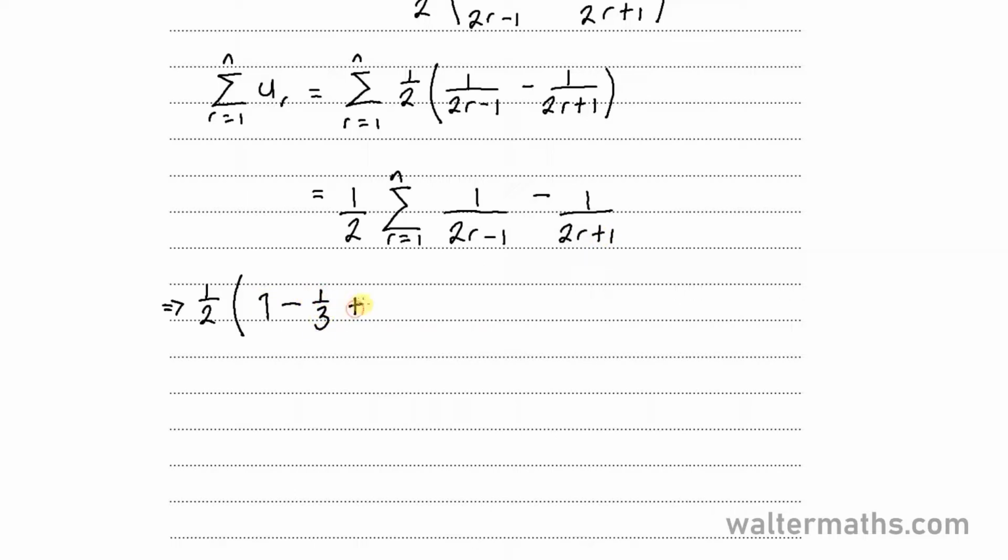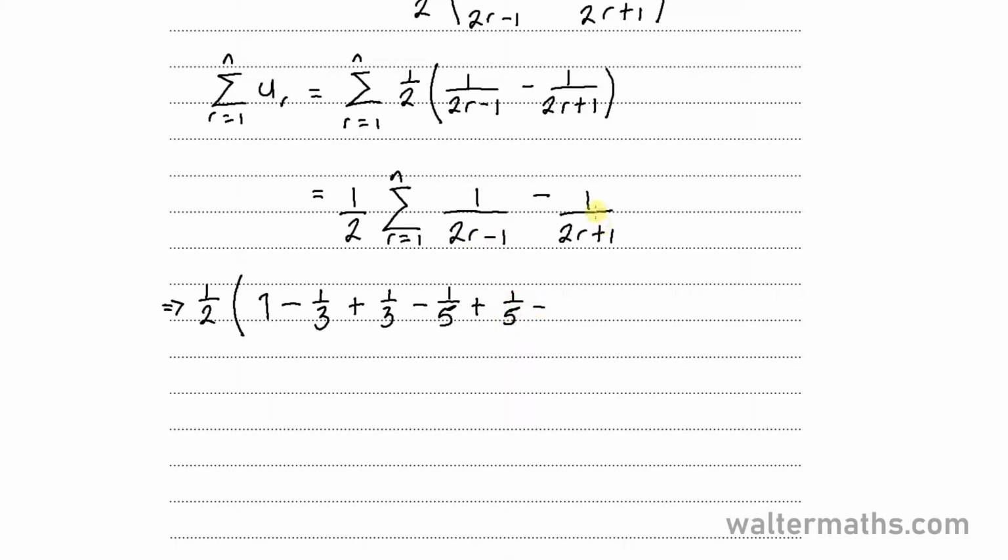And that's plus, when now r is equal to 2, that's the next term. When r is equal to 2, that will be 1 over 2 of 2 minus 1, which is a third. And that's minus 1 over 2 of 2 plus 1, which is 1 over 5. That's plus for the third term. That's when r is equal to 3. So that will be 1 over 2 of 3 minus 1, which is 1 over 5.